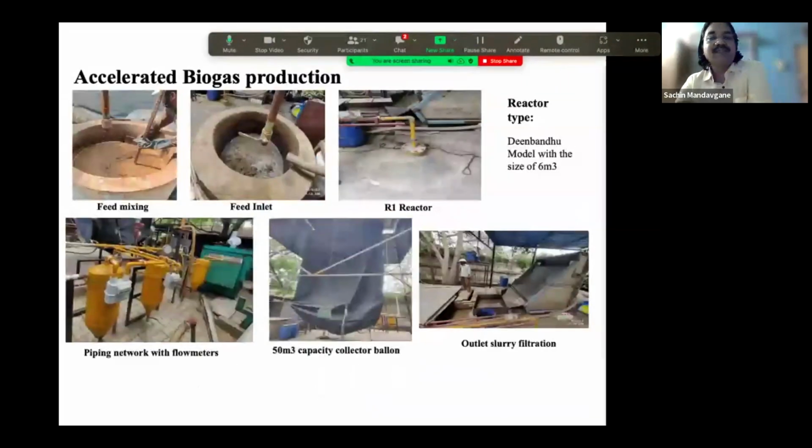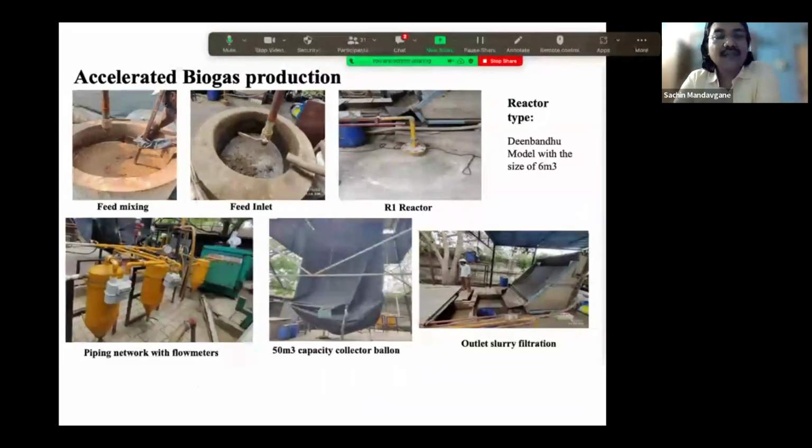Now, coming to biogas, I will just pass through this, and we have a slide at the end about all the economics. This is about biogas. Generally, cow dung is used, or maybe kitchen waste or municipal solid waste. Here, along with cow dung, we are adding enzyme treated paddy straw, which we call paddy dung.